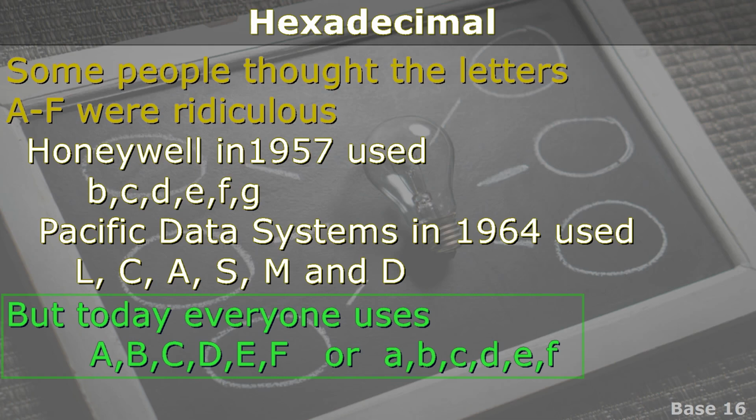Pacific Data Systems in 1964 even made it more confusing. I think this came from maybe Roman numerals, I'm not sure, but they used L, C, A, S, M, and D. Why was that? But today we all use A, B, C, D, E, F, whether it's uppercase or lowercase, it really doesn't matter.